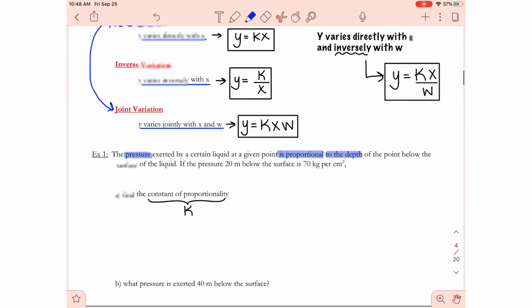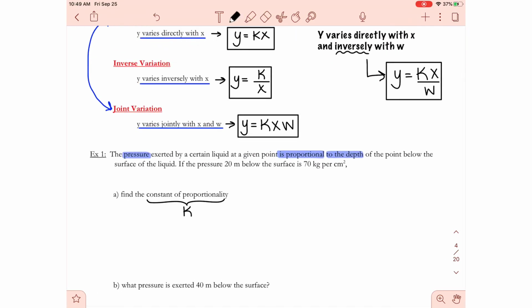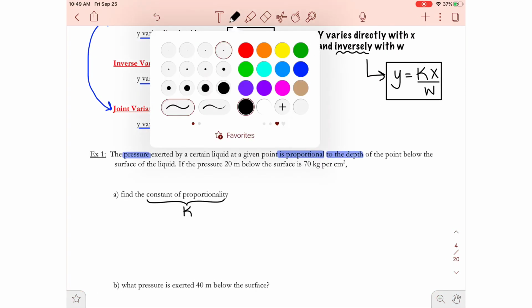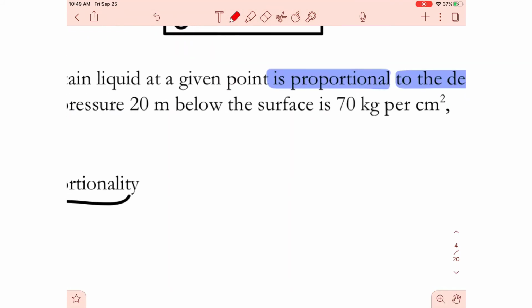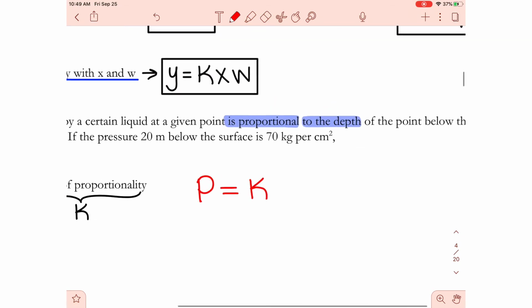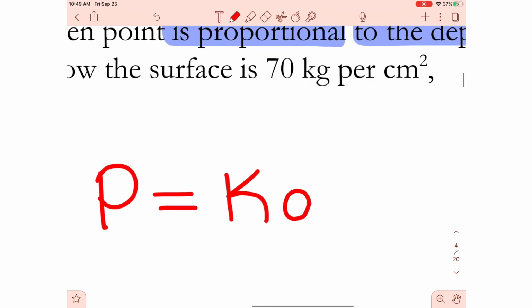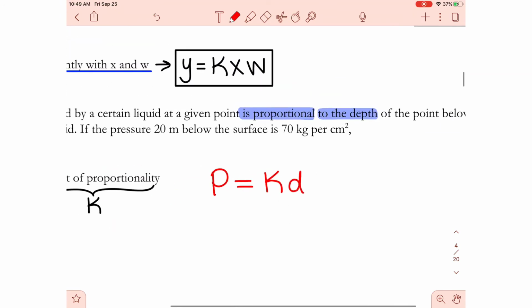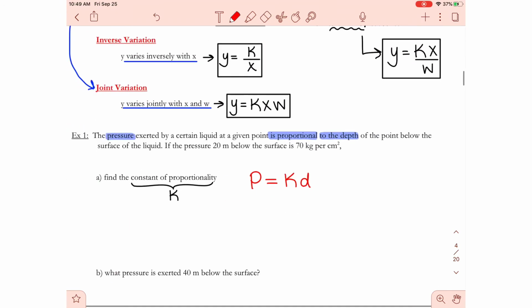I like to use the letters that correspond here. So the pressure is proportional. The way you'll write that is P for pressure is proportional or varies directly, means equals. Put the K right away. To the depth, so I'm going to use D for depth. So it's proportional to the depth, the depth below the surface.